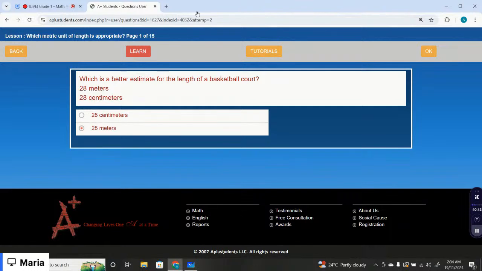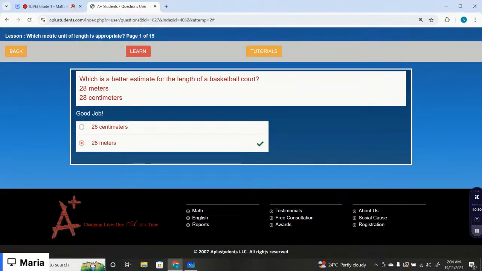The correct option is 28 meters because that is the basketball court, right? So it must be in meters.